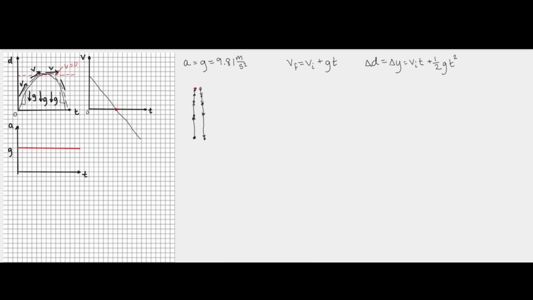And what causes v to change? Well, we know by the definition of acceleration, acceleration is the change in velocity with respect to time. And we see that not only is velocity decreasing for the entire duration of the ball's trajectory, but at any point on this graph, we see that acceleration remains the same.